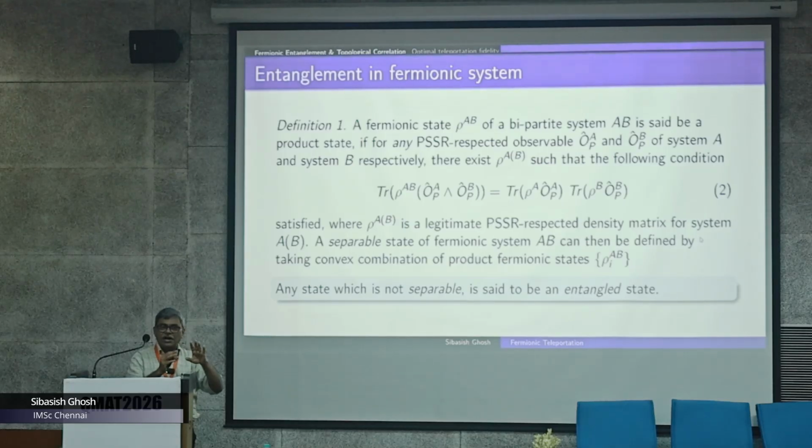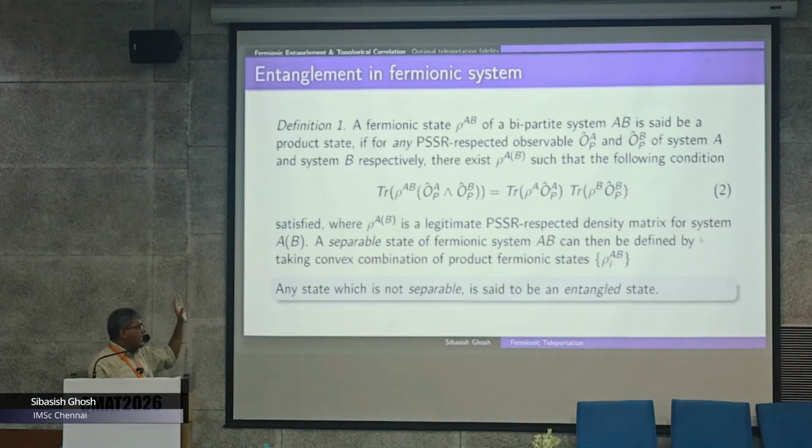I can only allow superpositions of even parity states, or superpositions of odd parity states. There are some principles of nature for which you will have to do that, and I am not going into that. So basically at the state level, we will consider these PSSR restricted states, and at the operational level also we will take PSSR restricted operations.